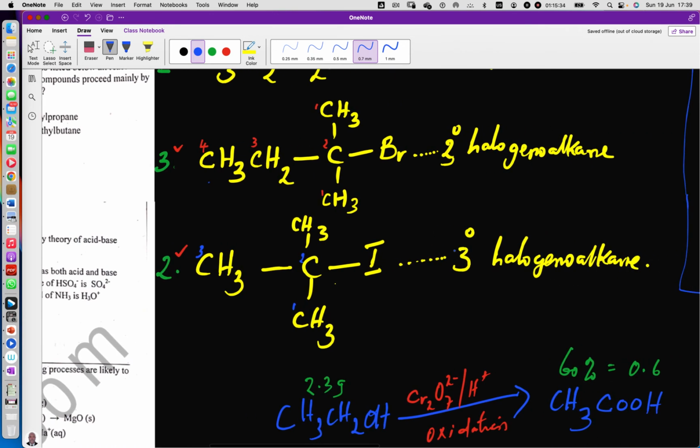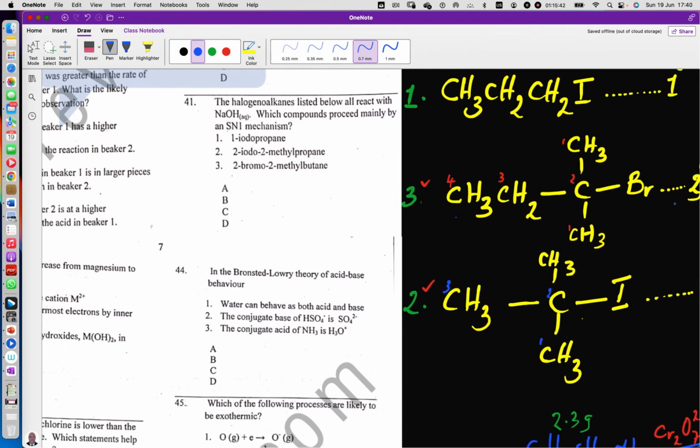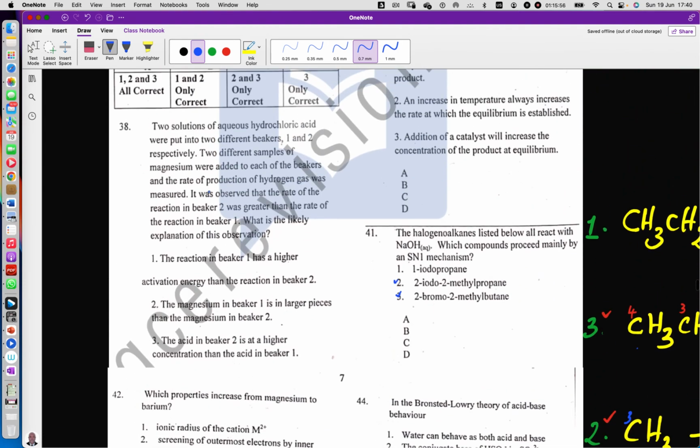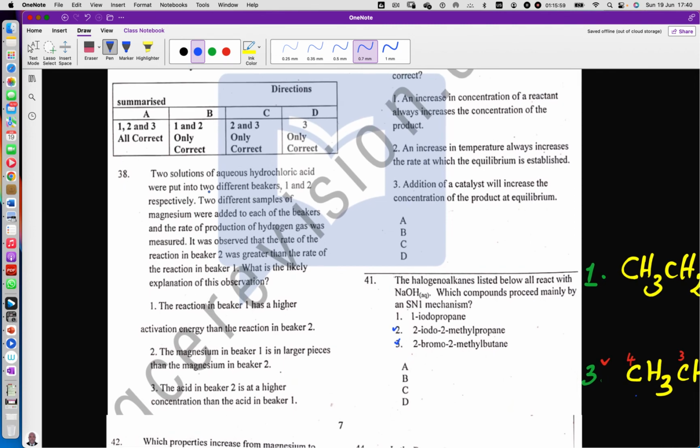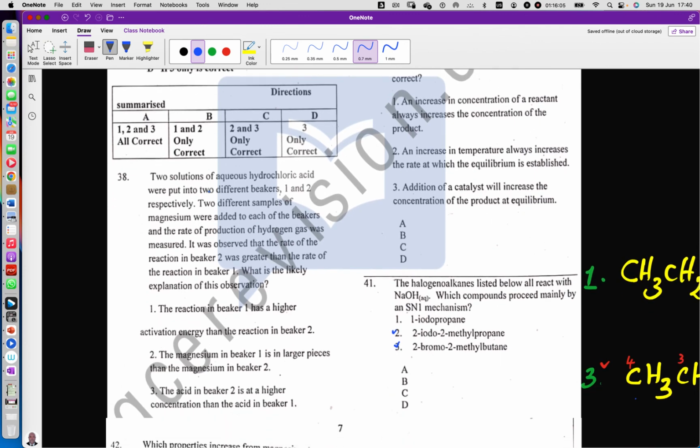This will undergo SN1. 2 and 3 will undergo SN1. And if they undergo SN1, then our answer here will be 2 and 3. Our answer will be C. Our answer for 41 will be C.